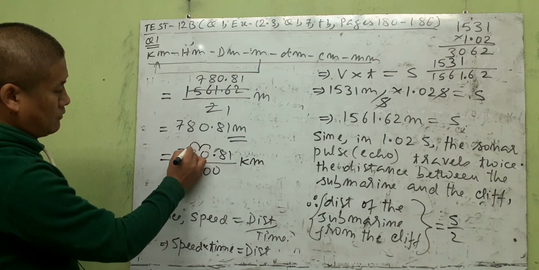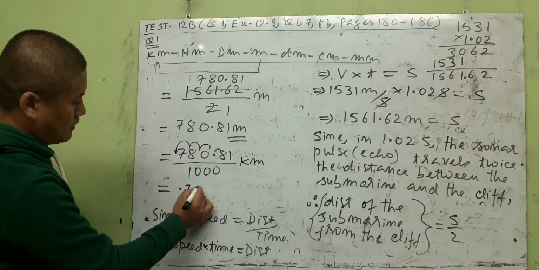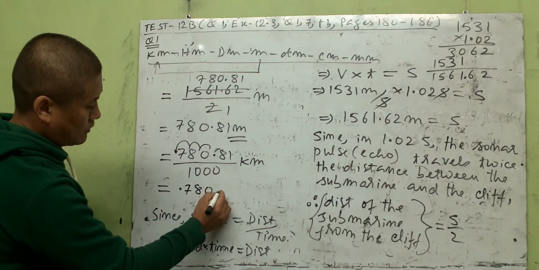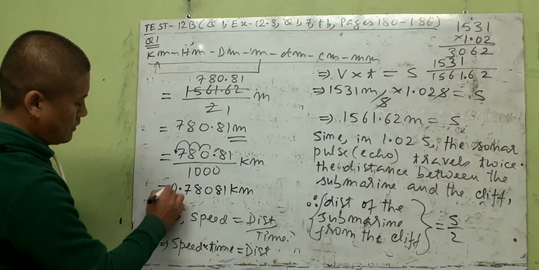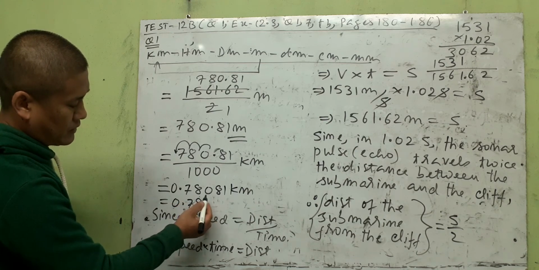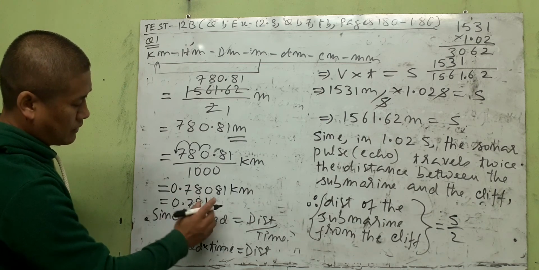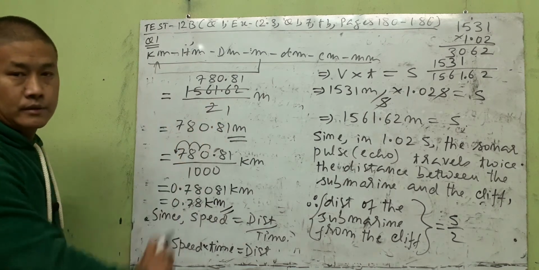Because of these 3 zeros, the decimal moves 3 places to the left, so approximately 0.7. The third place is 0, less than 5, so the second place will not change. So this is your answer in kilometer, or this is the answer in meter.